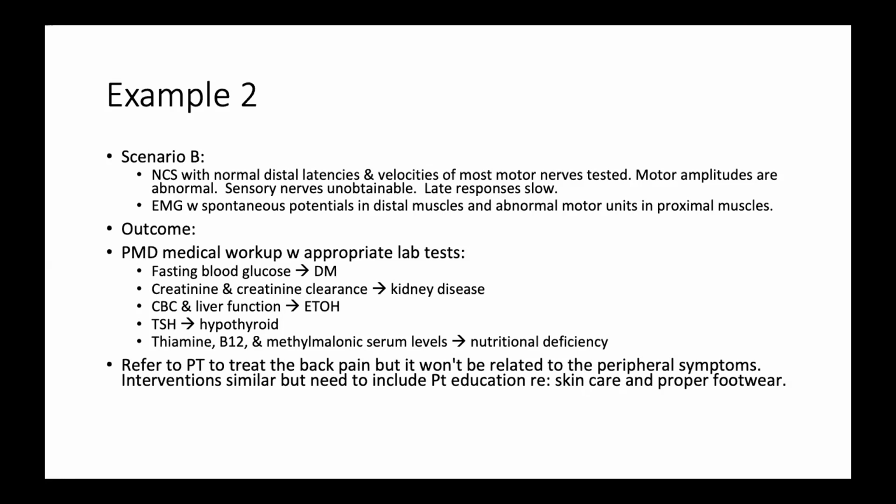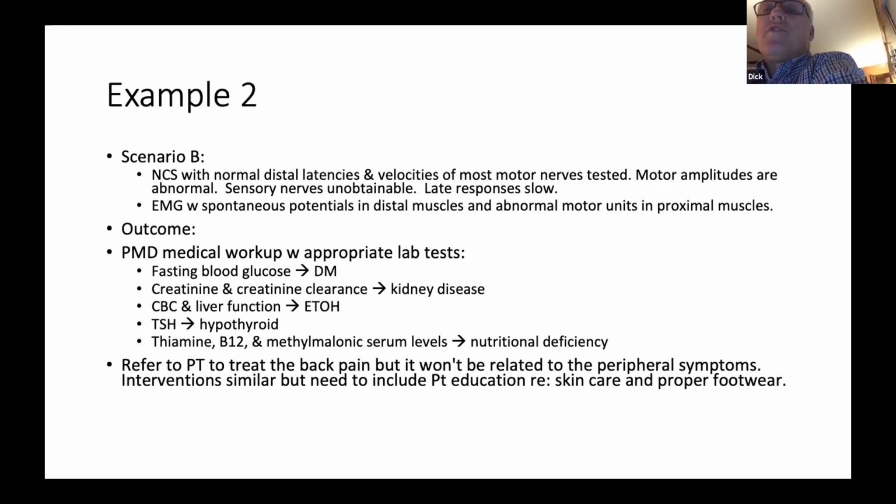To rule in a radiculopathy, again, I would have needed to see more findings or worse findings in S1 muscles versus others, but that wasn't the case. All his muscles were kind of equally affected. So that's how it ruled in the polyneuropathy. It didn't give me enough evidence to rule in a secondary radiculopathy.